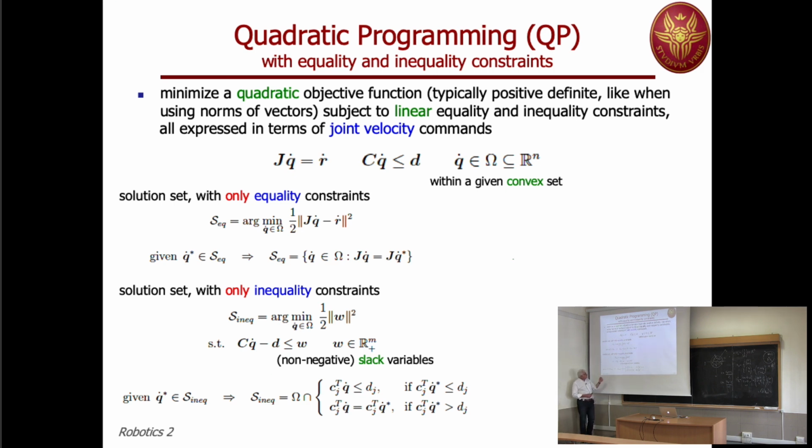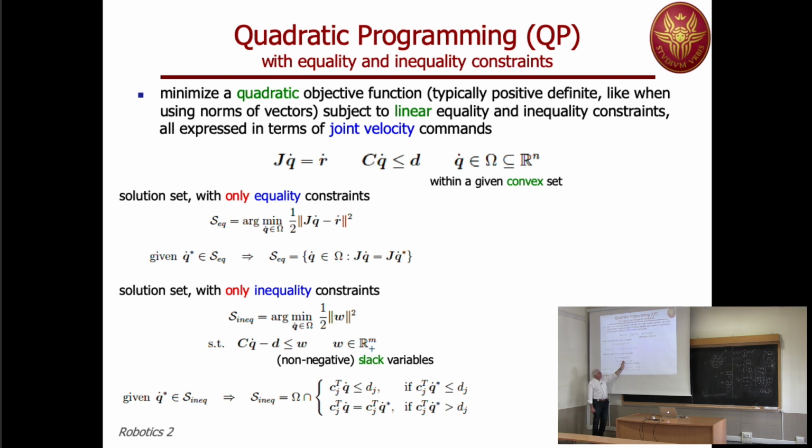Now, with this in mind, the set of solution to this problem are given by one possible Q dot star that minimizes the slack variable, satisfying this relaxed constraint.